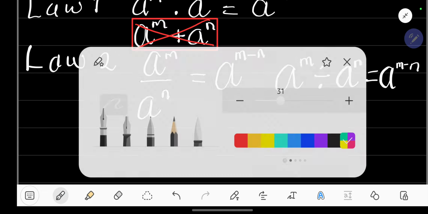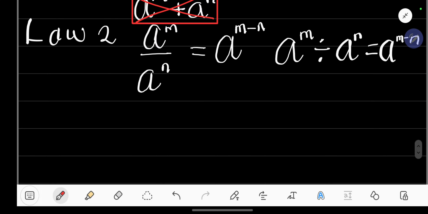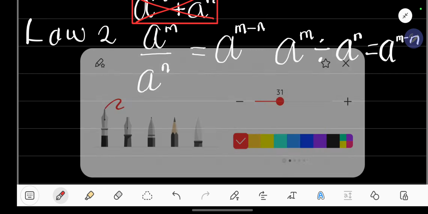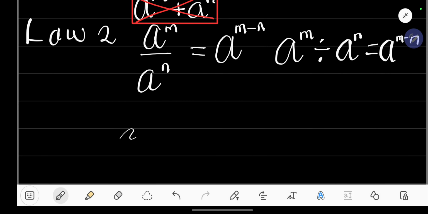Please, let this not be confused with a exponent m minus a exponent n. We do not have a rule for that one.